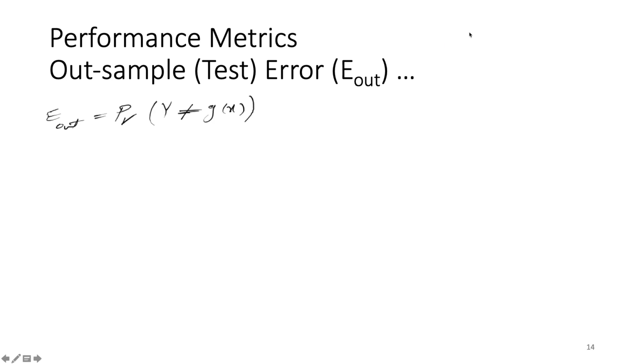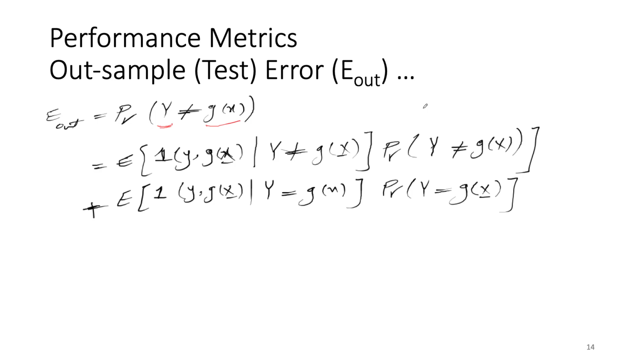So we saw that E out, the test error, is a probability of mismatches between these two. So we can divide this into two. In the case of binary classification, we have two cases, right?